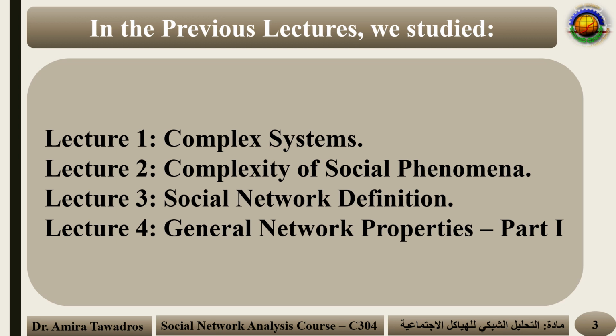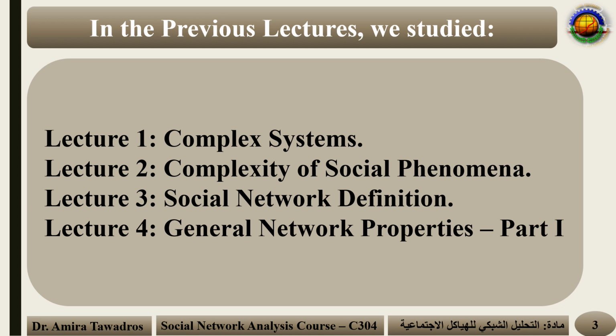And in lecture 3, we started with the definition of social network, and this is why we studied complexity and complex systems, because social network is one way of modeling the complexity of social phenomena in order to understand it. And also social network analysis is one methodology that can be used in order to study complex systems. So these are covered in the first three lectures.